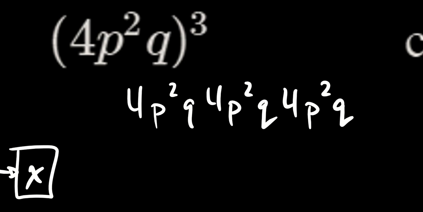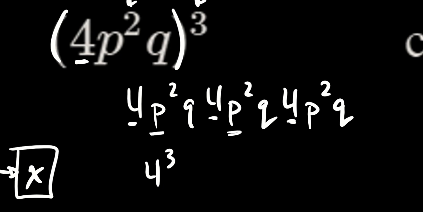So you can see when I have 4 and I'm raising this whole thing up to the third power, I end up getting 1, 2, 3 factors of 4. So I can write that as 4 to the third. And when I have the p squared and I was cubing that, I end up getting 1, 2, 3, 4, 5, 6. I get p to the 6th power. And coincidence? 2 times 3 is 6. That's nice. And the other thing I've got is 3 factors of q. So q, q, q. So q to the 3rd power.